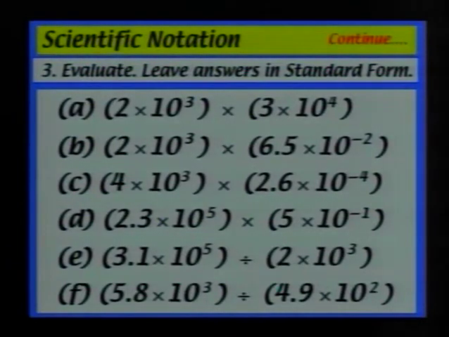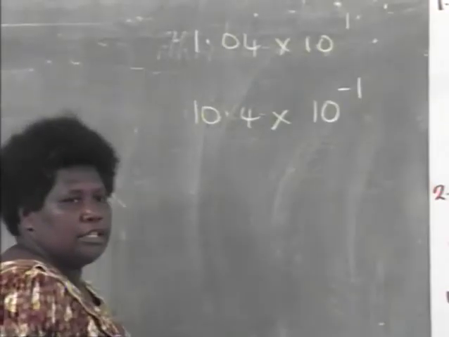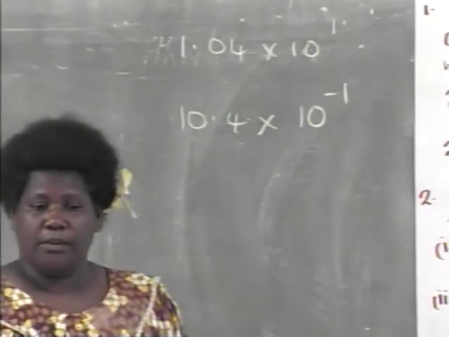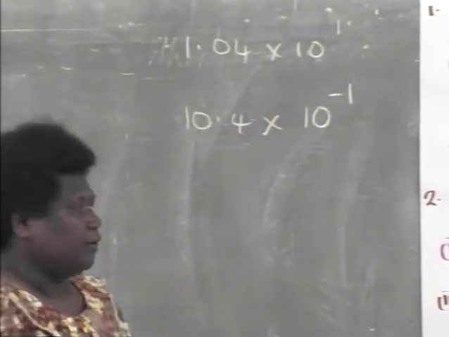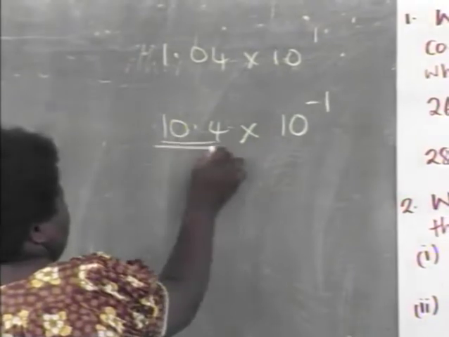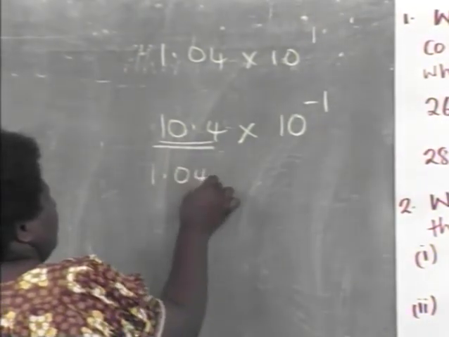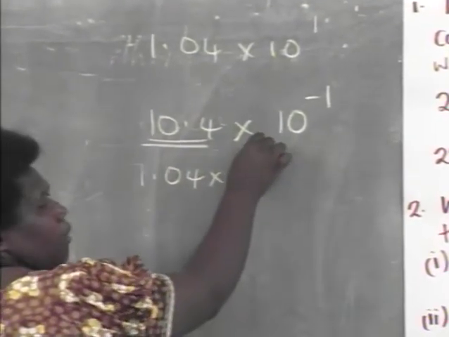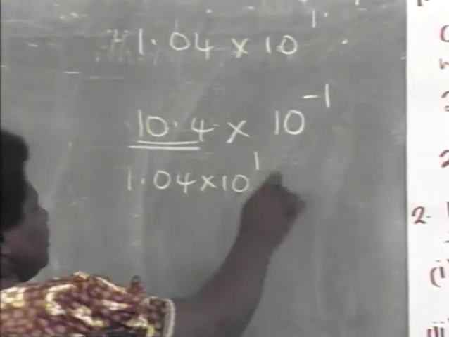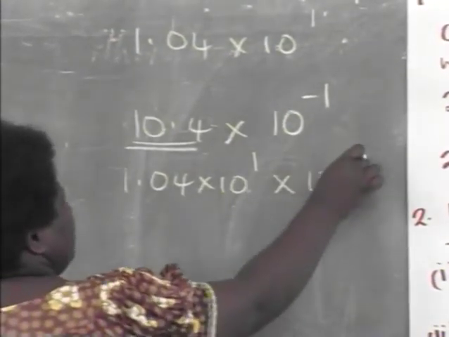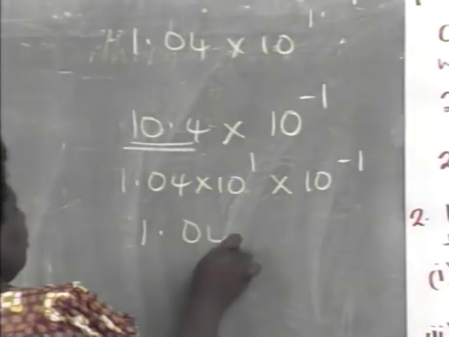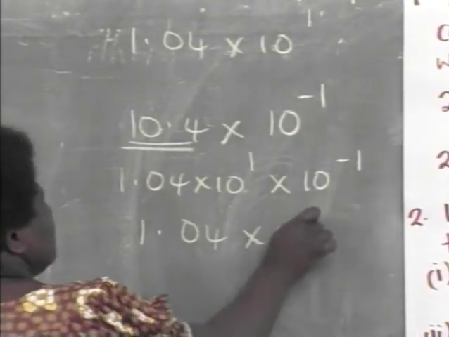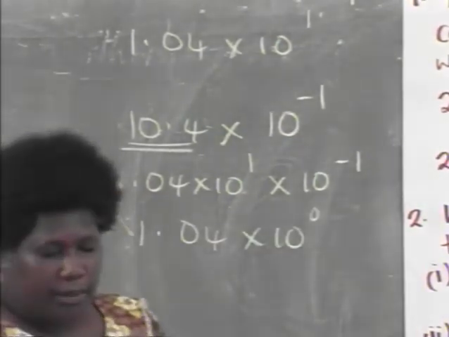But this is not proper scientific notation because the rule is there must always be 1 digit before the decimal point. So this number is 1.04 times 10 to the power of 1 times 10 to the power of negative 1. So it's 1.04 times 10 to the power of 0. Okay, be careful.